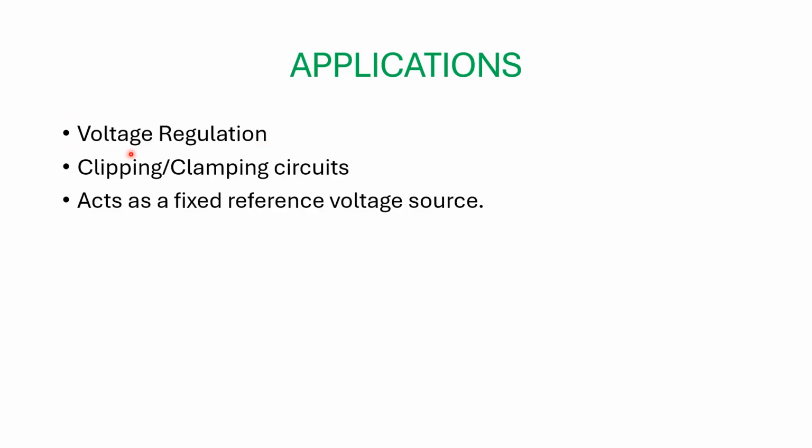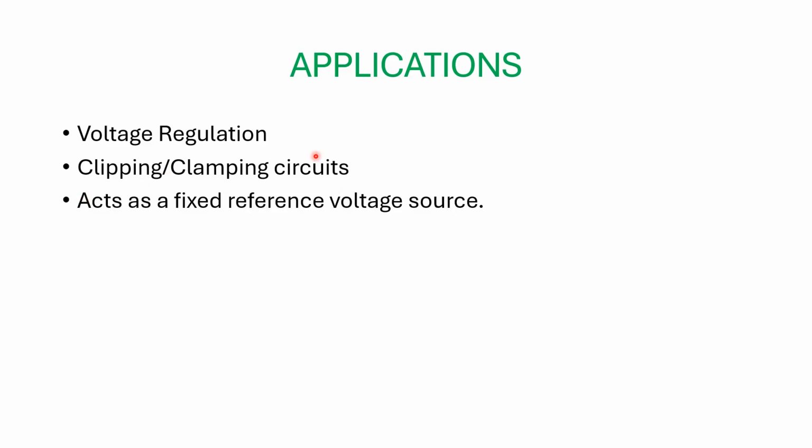For that purpose, Zener diodes are used in reverse for voltage regulation. There are two conditions. One is that the Zener diode should be connected in the reverse bias condition. Reverse bias means the Zener diode positive terminal should be connected to the battery negative, and the Zener diode negative terminal to the battery positive.